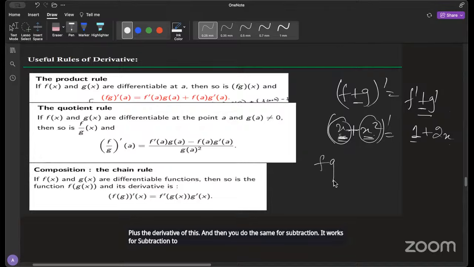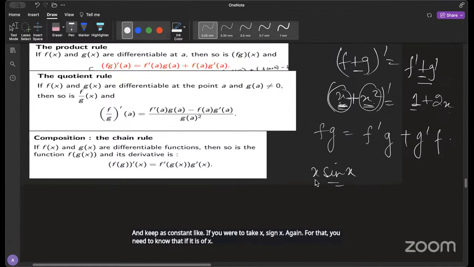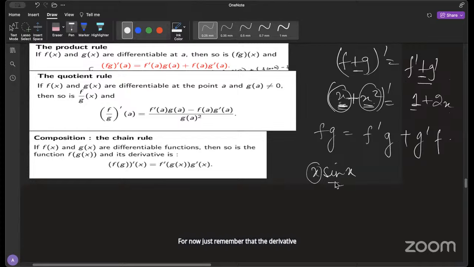For product, there is a different rule. Here, first you take the derivative of f and keep g constant, and then you take the derivative of g and keep f constant. Like if you were to take x sine x, for that you need to know the derivatives. Just remember that the derivative of x is 1 and the derivative of sine x is cos x.